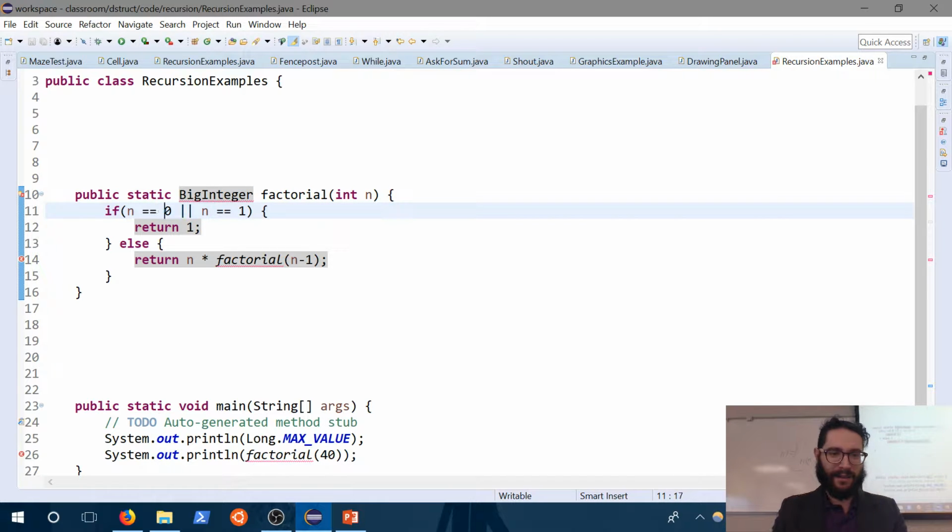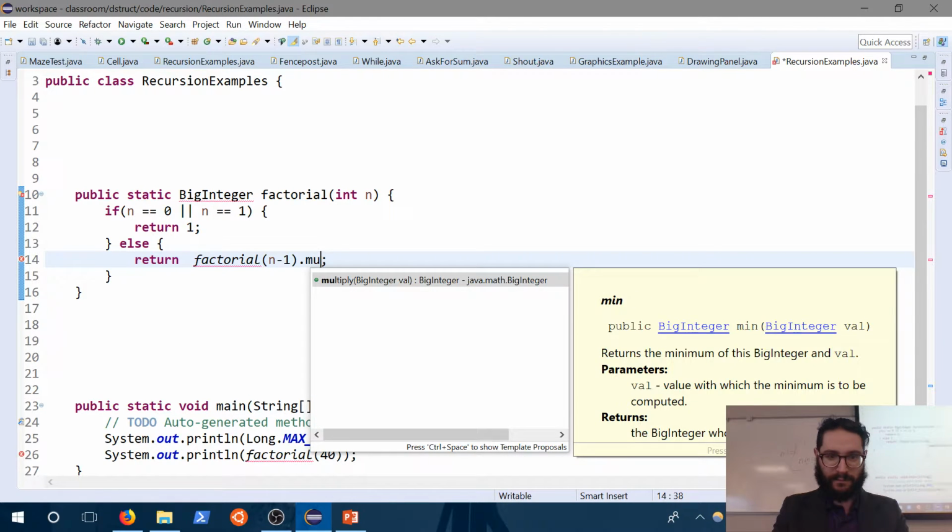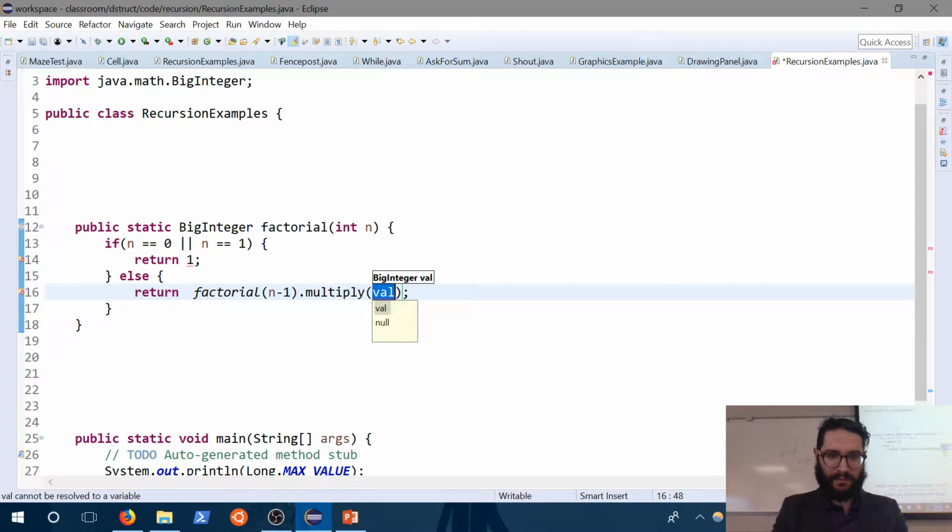So if n is 1, return 1, otherwise return factorial of n, which should now be factorial of n dot multiply, times another BigInteger, which I'm going to make, let's see, yep, n, new BigInteger. Let's see, does that work?